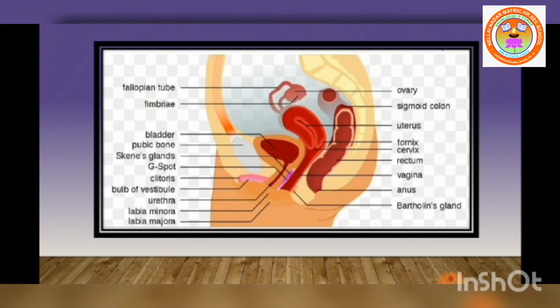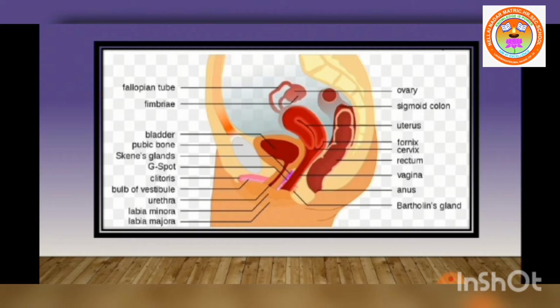The Skene's gland is located on the anterior wall of the vagina and around the lower end of the urethra. They secrete a lubricating fluid and are homologous to the prostate gland of the male.